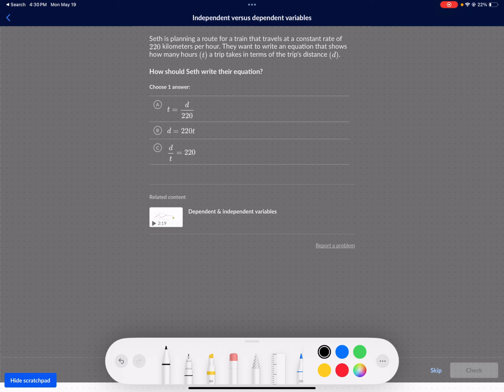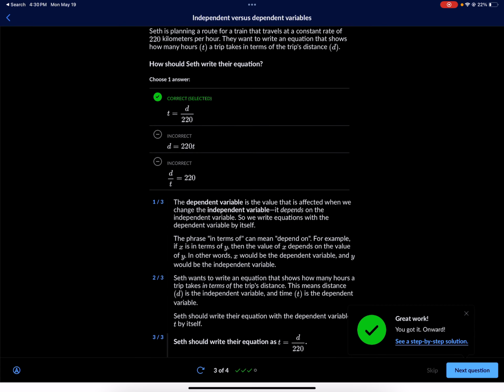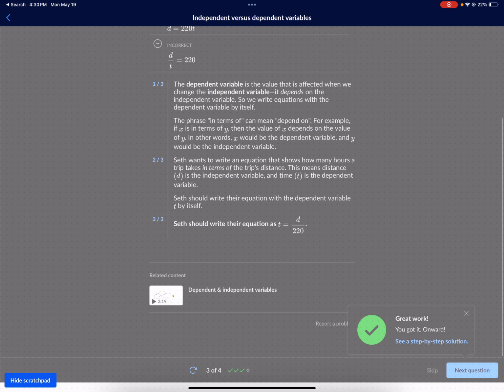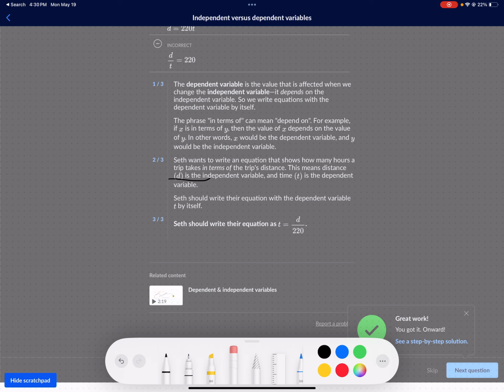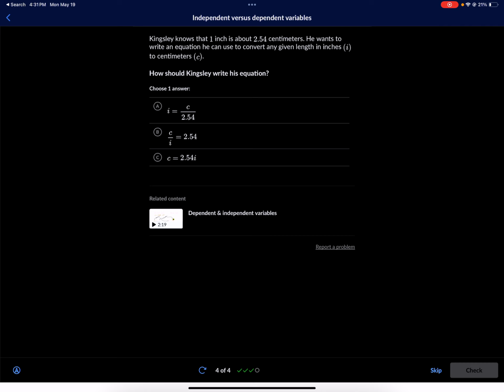While in B, there's still a T on that side. And then D over T, if we have 220 over T, we still have a variable there. So they should write A right here. So in terms of D, that'll give us T. We don't have an exact value for T since we're not given the distance, whereas for T, we're given an answer immediately. So that's how that goes.